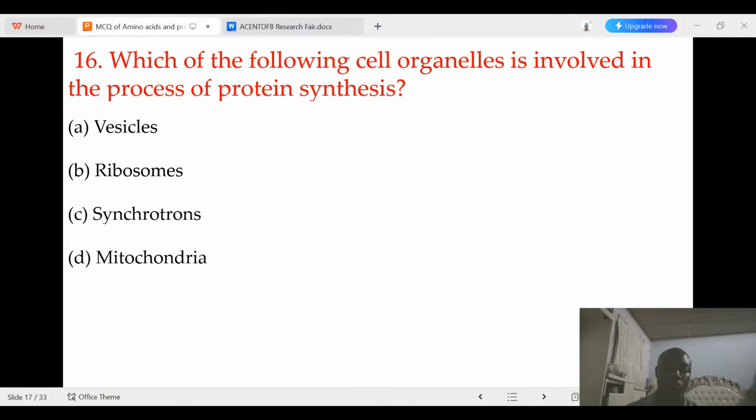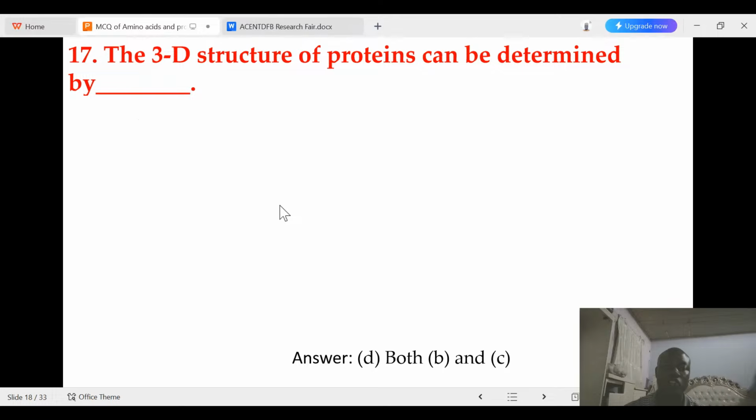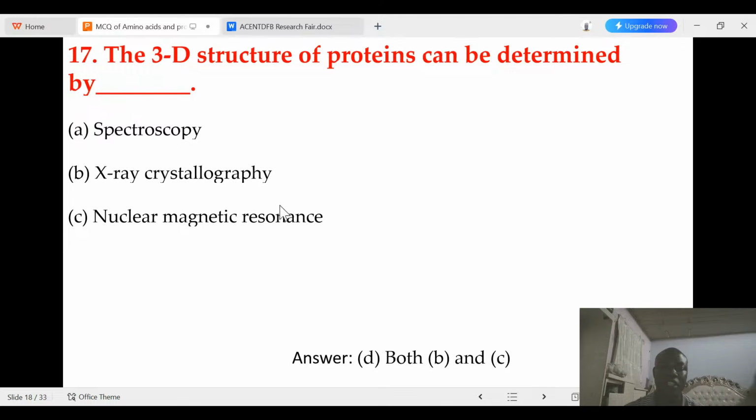So let's now move to question 17. The 3D structure of proteins can be determined by A. Spectroscopy, B. X-ray crystallography, C. Nuclear magnetic resonance, and D. Options B and C. We already talked about X-ray crystallography. Nuclear magnetic resonance, NMR, is also used in determining the structure of proteins.